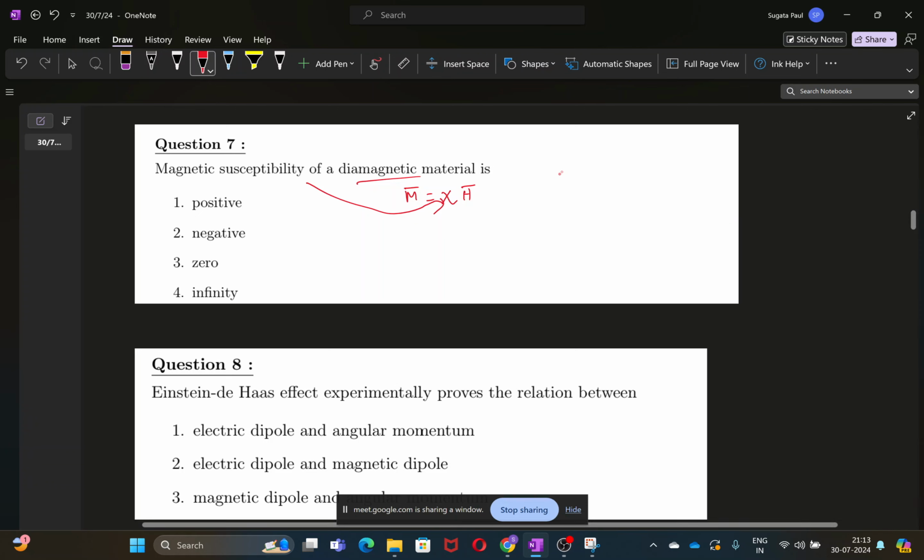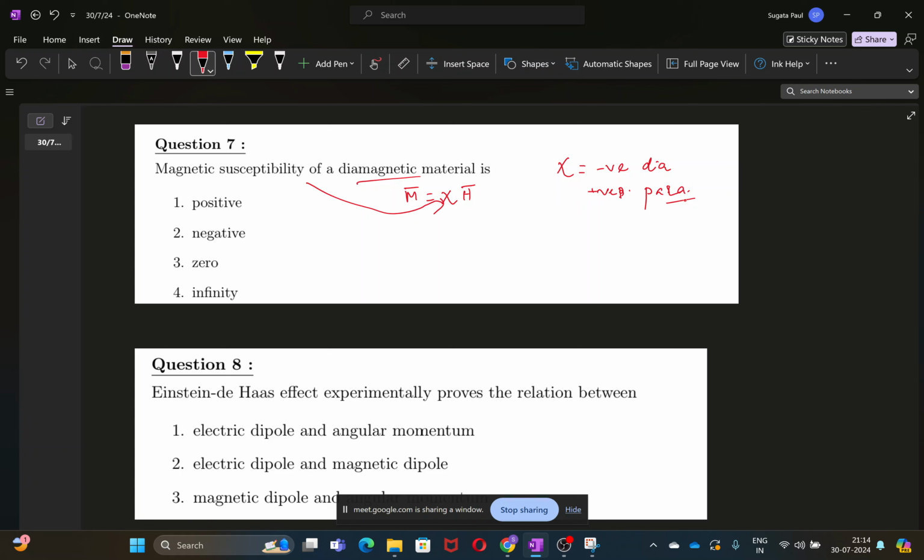So we know this is a very well-known convention, that chi is negative for diamagnetic materials, and chi is positive for paramagnetic materials. But of course there is also a value limit, so you cannot just put the sign and everything.